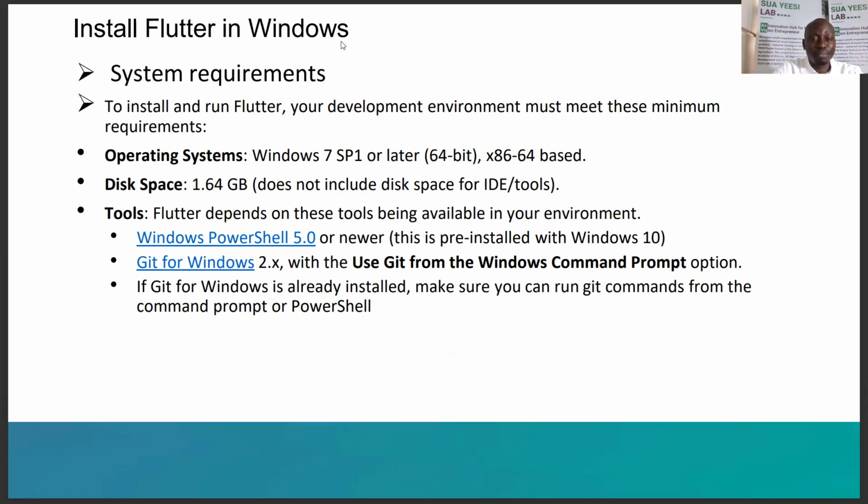First, you need to understand the system requirements needed to install and run Flutter in operating systems, for example, Windows 7 SP1 or a later operating system, 64-bit. Of course, we recommend a 64-bit operating system for smooth running of Flutter.